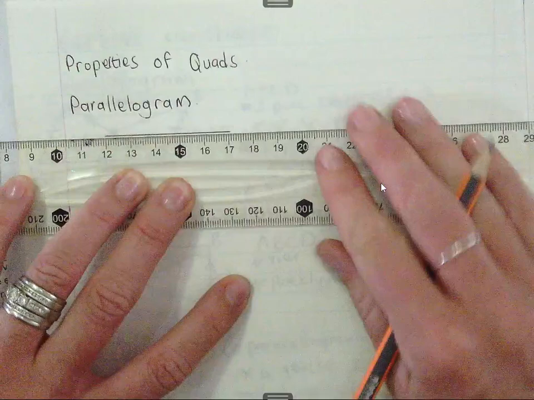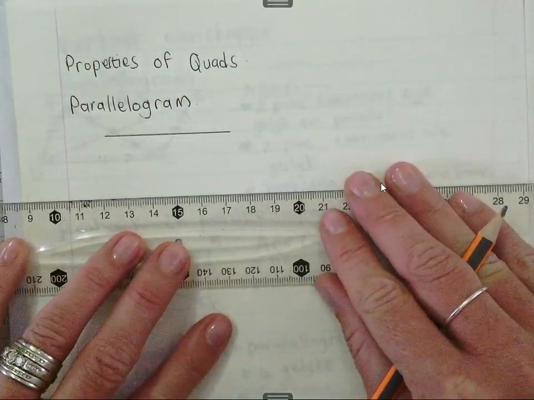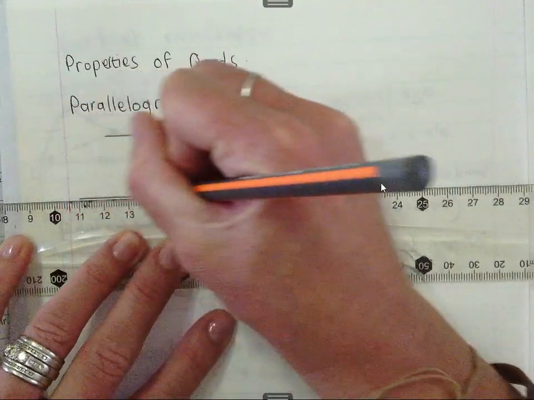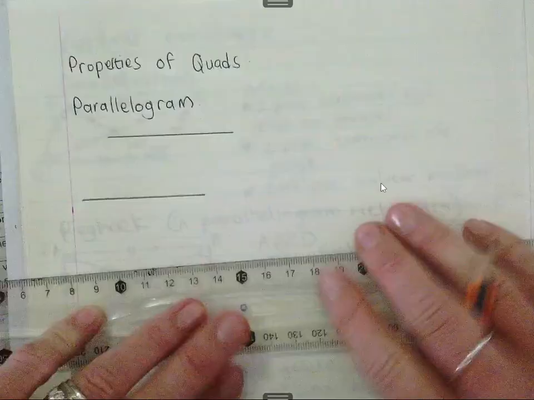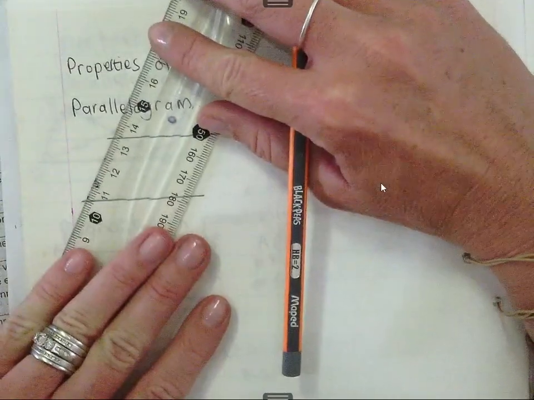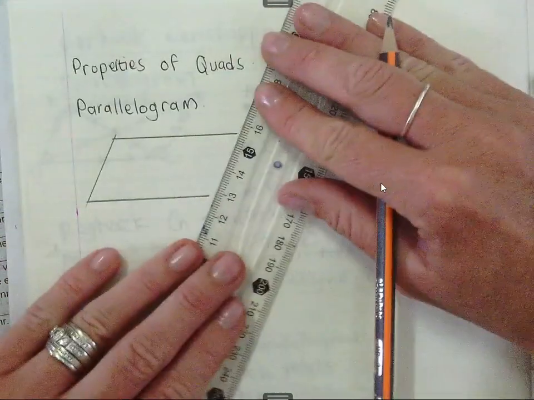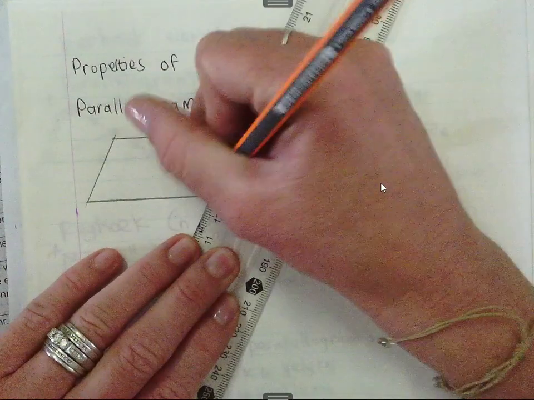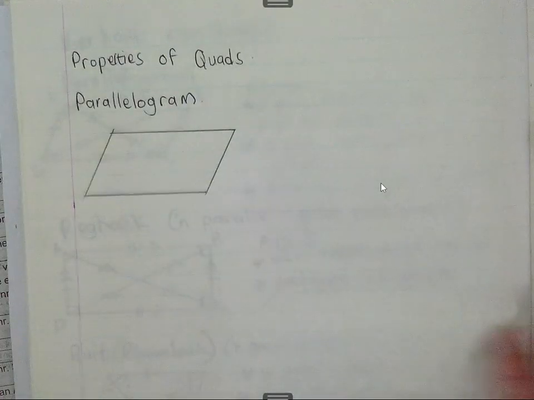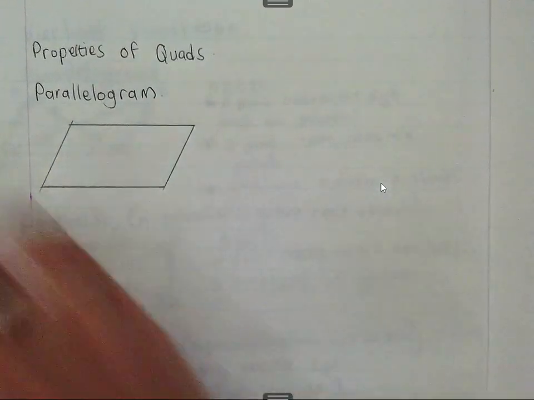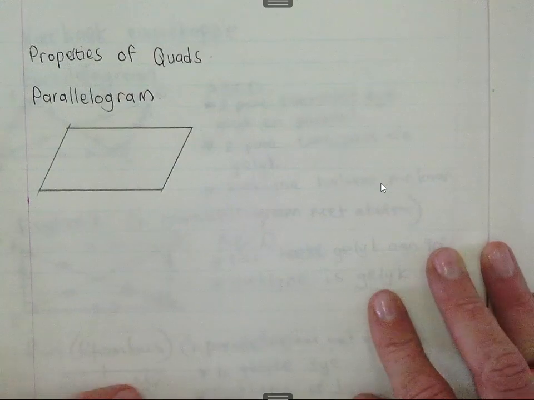Doesn't matter what you choose the length of the sides to be. They must just be the same. Now we're going to look at the properties of the sides, the properties of the angles, and then the properties of the diagonals.